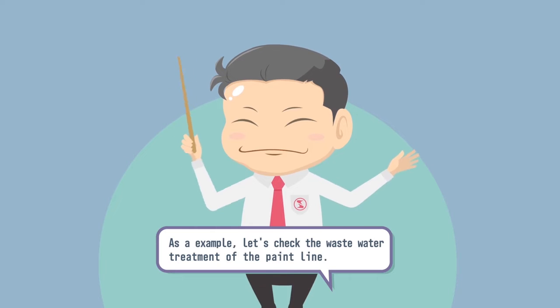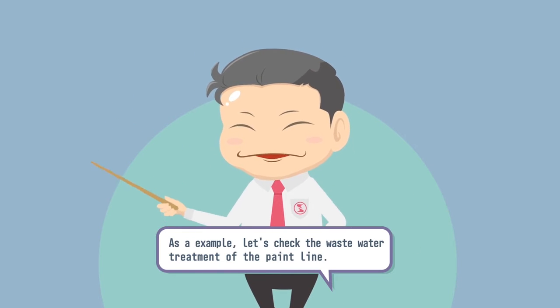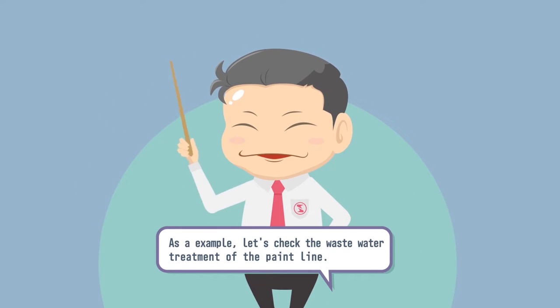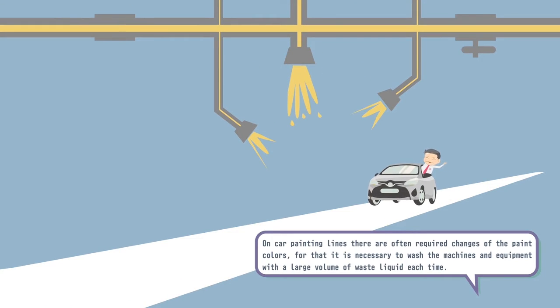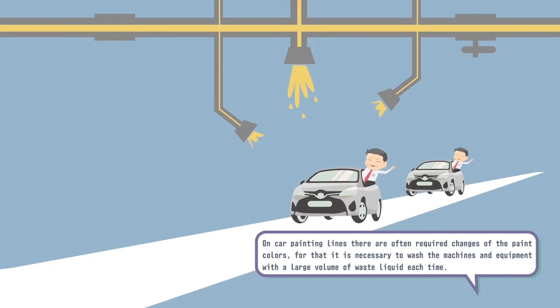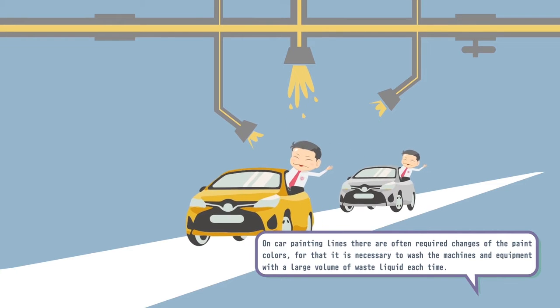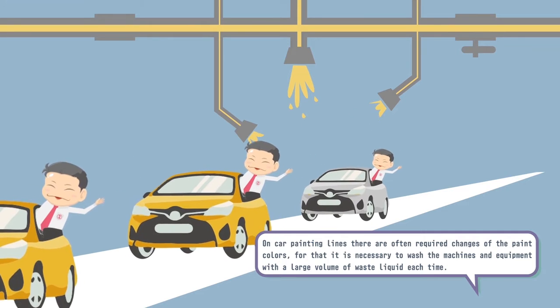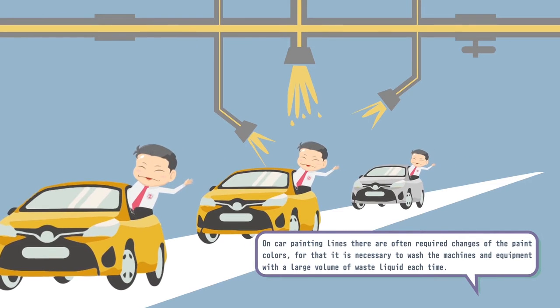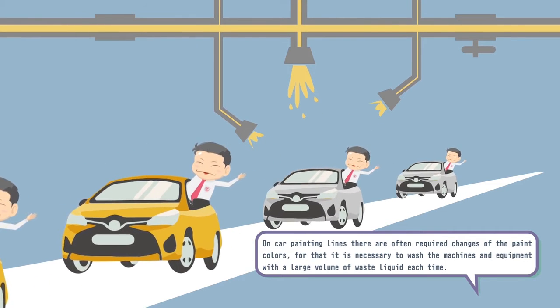As an example, let's check the wastewater treatment of the paint line. On car painting lines, there often is a need to change the paint colors. For that it is necessary to wash the machines and equipment with a large volume of waste liquid each time.